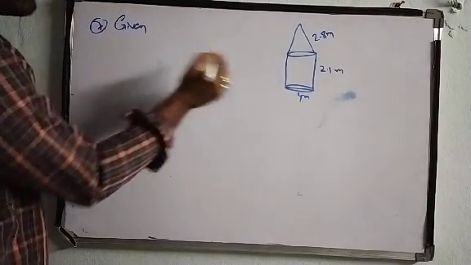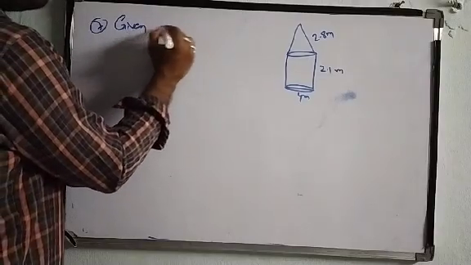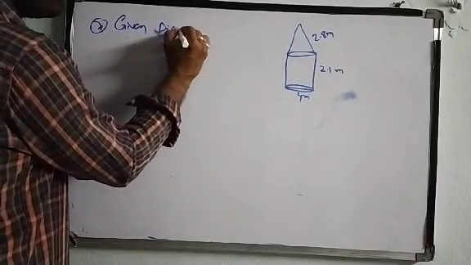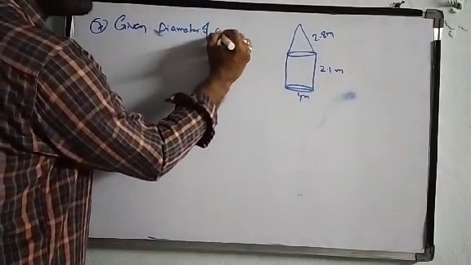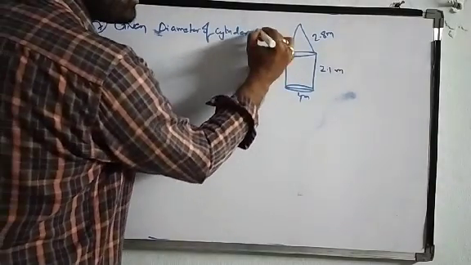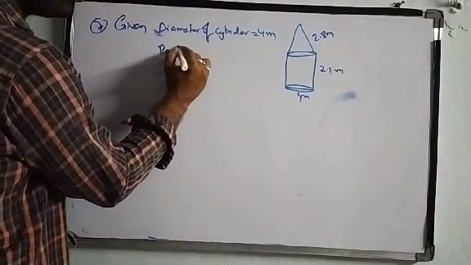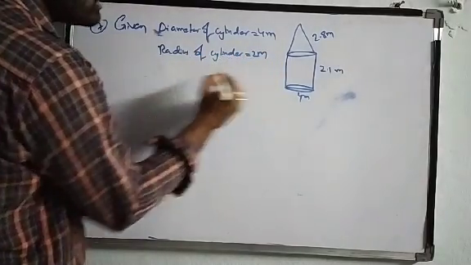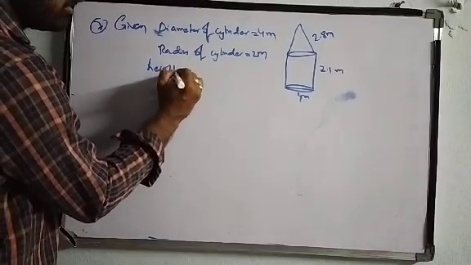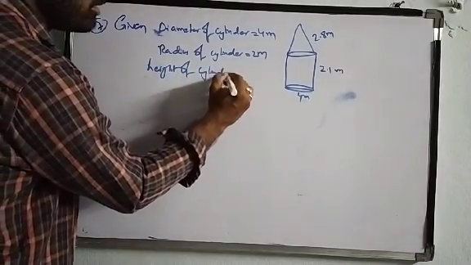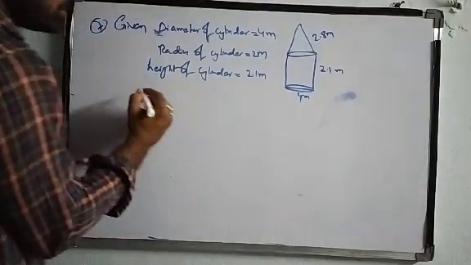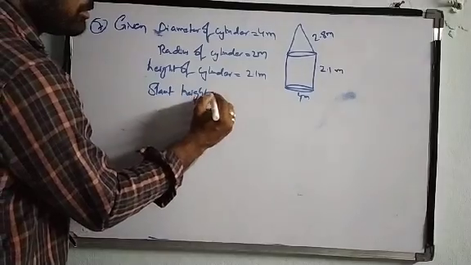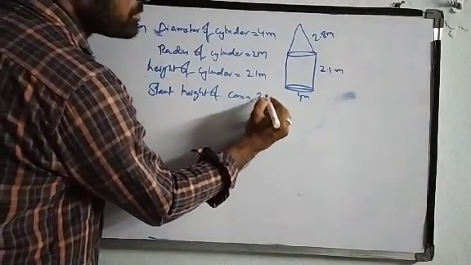So given the diameter of the cylinder, which is 4 meters, the radius of the cylinder is 2 meters, the height of the cylinder is 2.1 meters, and the slant height of the cone is 2.8 meters.